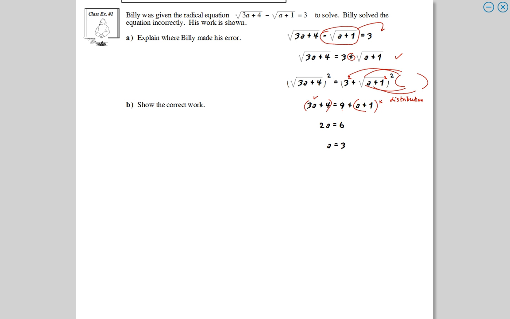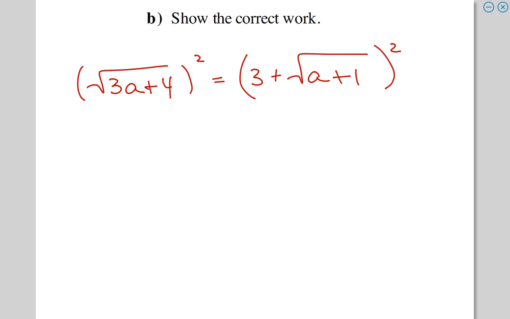And we've got to show the correct work. So let's pick it up where he left off. So we had, I'm picking it up from right here. Okay, so I'm on the third line, and all I did was just copy it.